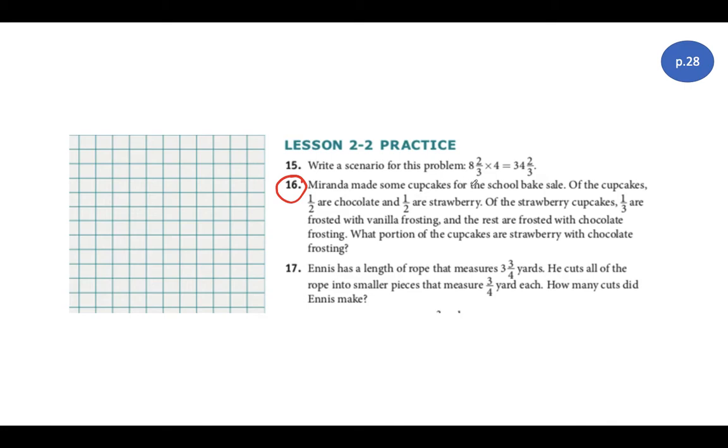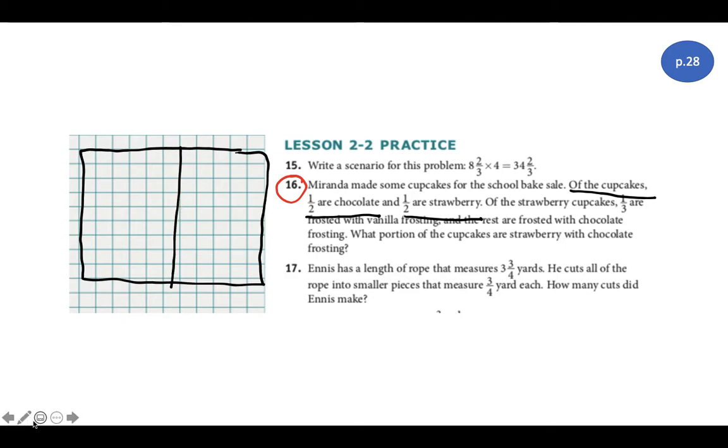So we start with the bake sale and the cupcakes. The cupcake says half are chocolate and half are strawberry. So let me pretend that this box contains all the cupcakes, which means that half of those cupcakes are going to be strawberry.